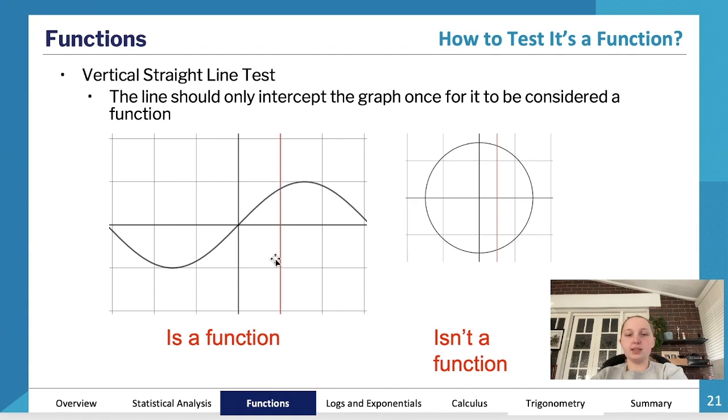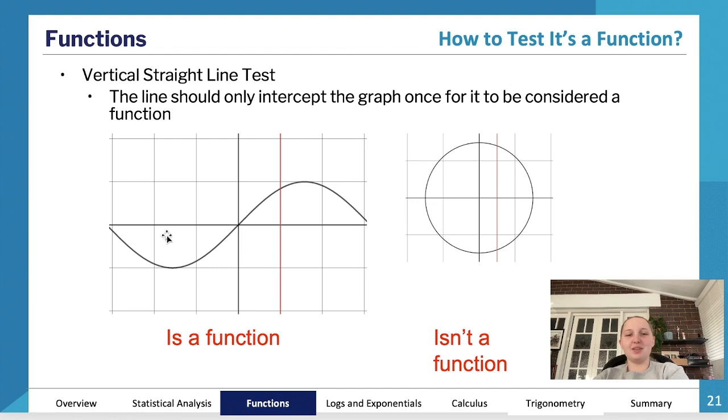Essentially, if we've drawn our vertical line through x equals 1 here, and it only hits the graph once, then there can only be one y value. And no matter where we draw that straight line along this graph, it will only ever intersect it once. So we can say, yep, this graph is a function.